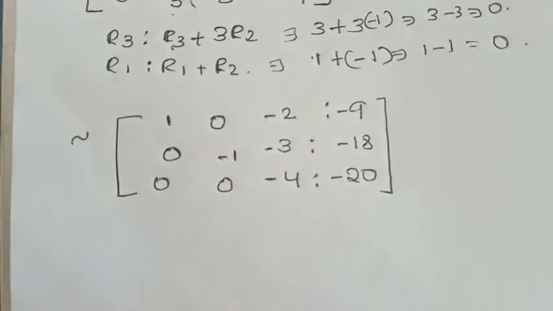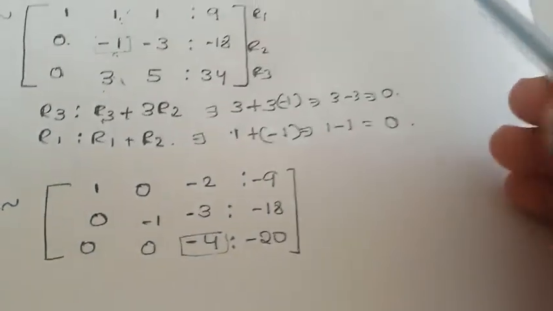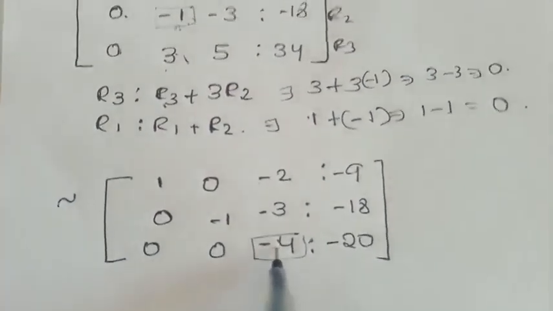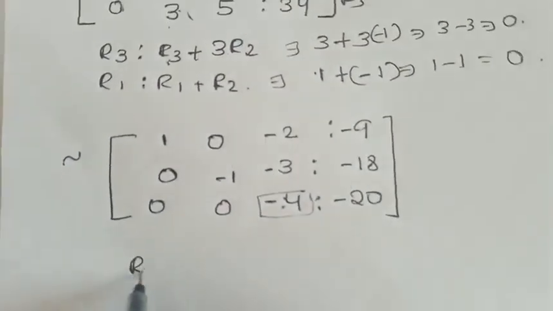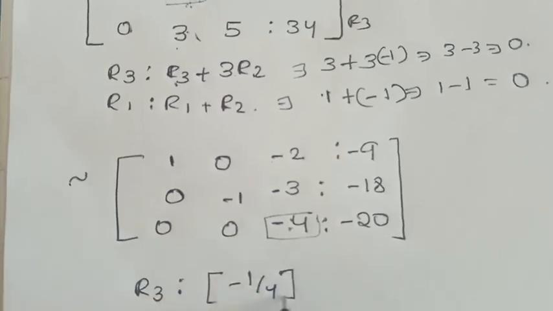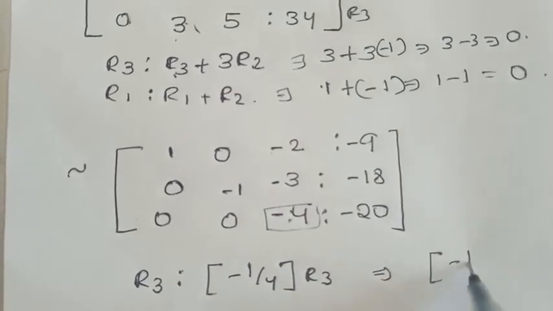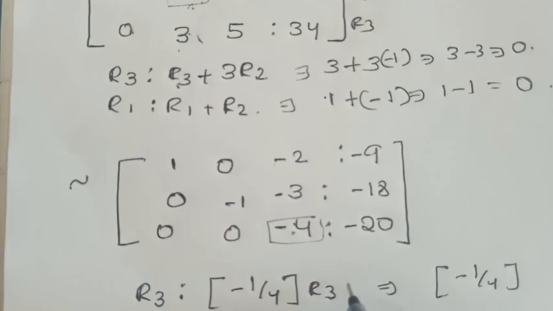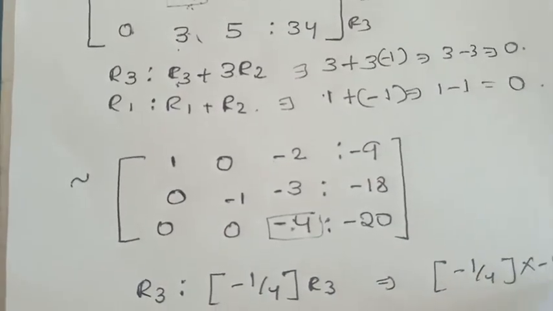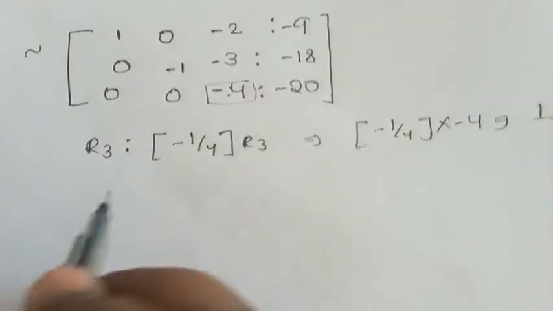Okay, this is done, and we have to make this 1 because in our identity matrix this value is 1, right? To make it 1 we have a row operation: R3 tends to minus 1 by 4 into R3. Minus 1 by 4 into R3's value minus 4 will be 1.